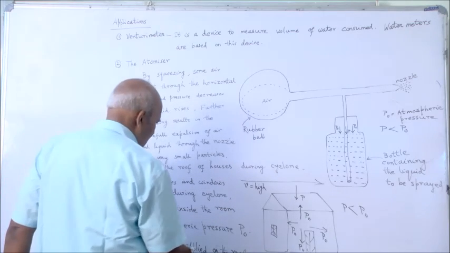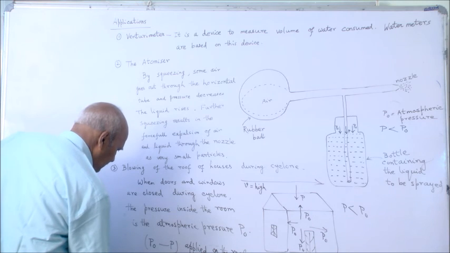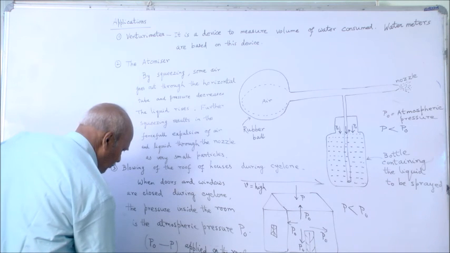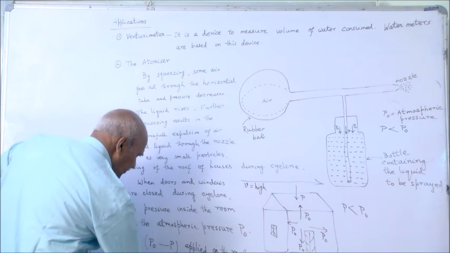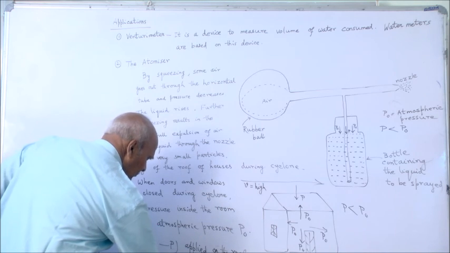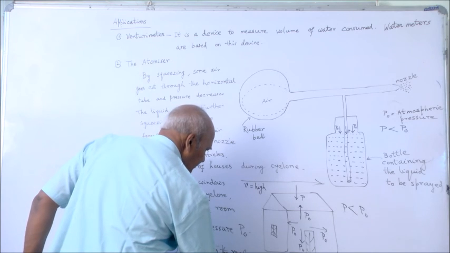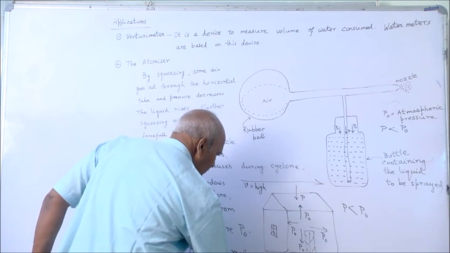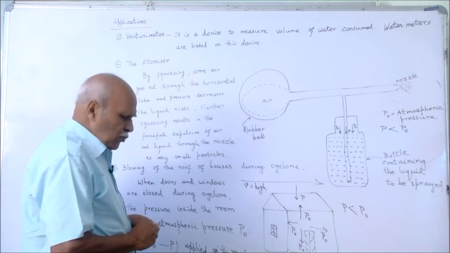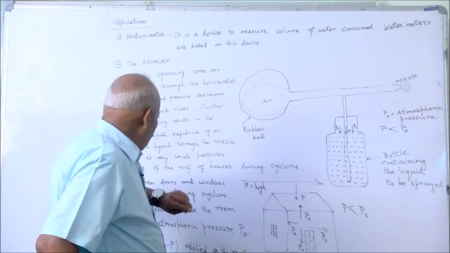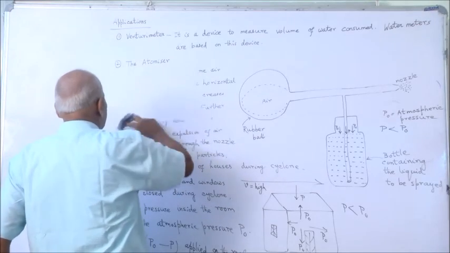So, P0 minus P applied on the roof causes the roof to be raised and blown away by the wind. So, roofs are destroyed, but the walls remain intact.